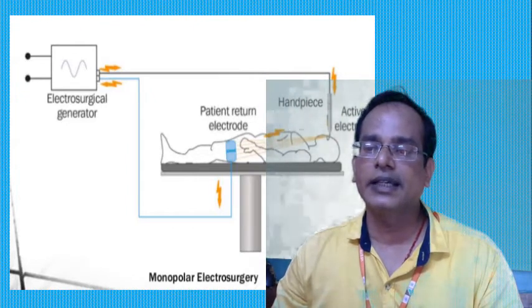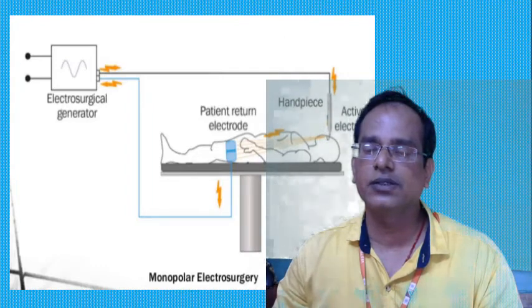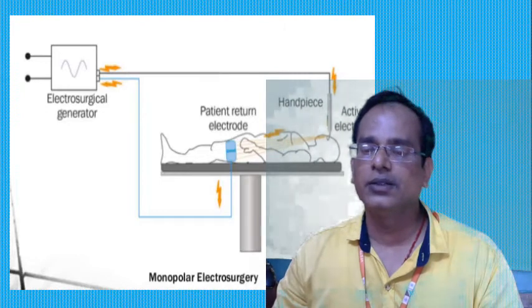As energy is conducted through the patient to the neutral electrode, in contact with a large surface, there is no thermal effect in the vicinity of the neutral electrode. The electrical circuit is completed by the neutral electrode connection cable.